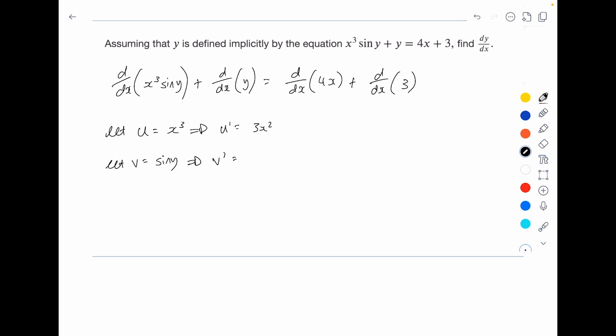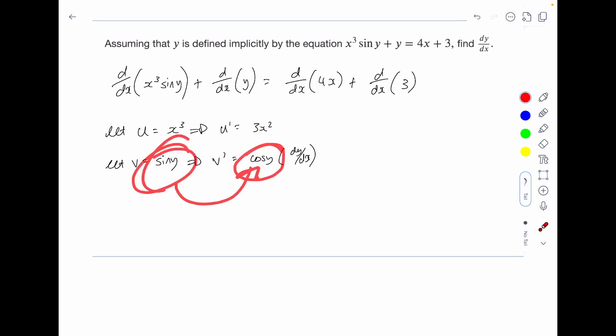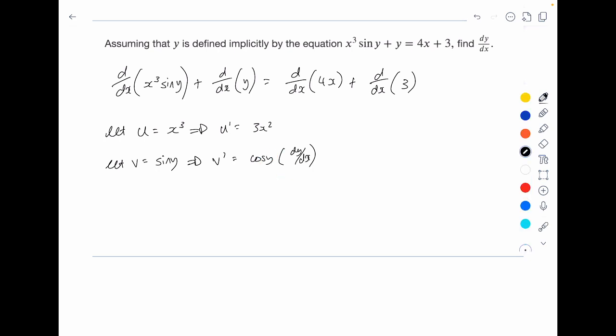V dash here is going to equal cos y, but not just cos y, cos y dy by dx, because we've got the derivative of sine to cos. Now we need to differentiate the inner function. That's y and that's dy by dx.